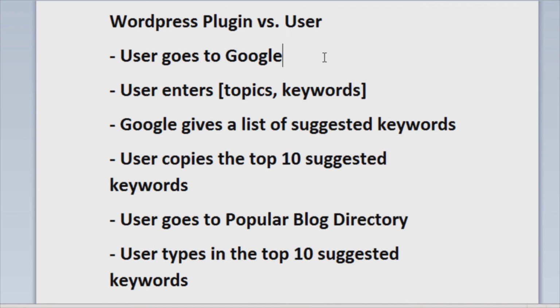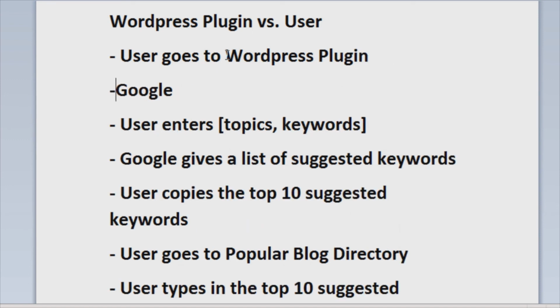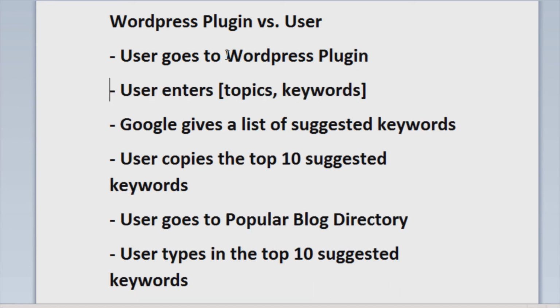The user goes to Google. Now, in this case, the user is going to have to stay inside of the WordPress plugin. They're not going to be able to leave. We're going to want them to be able to click a button and it all happens. So the user goes to the WordPress plugin after they have activated it, and then the user enters maybe a keyword.